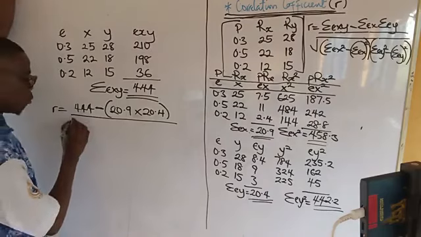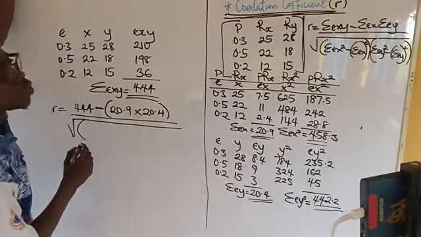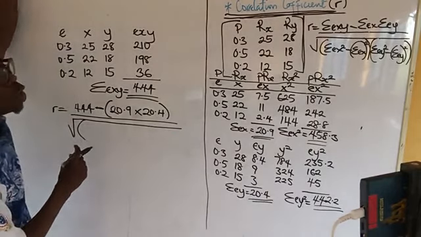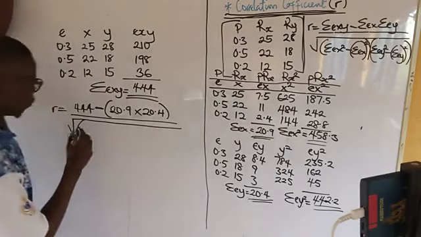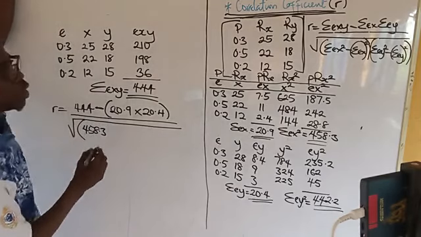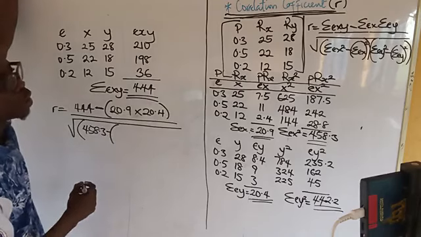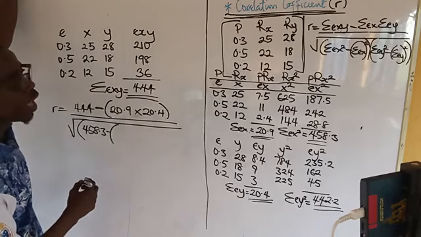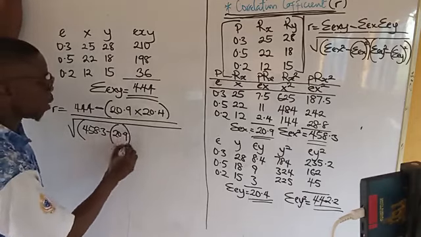So square root, don't forget. Square root, open brackets: summation X squared. What is summation X squared? 458.3, according to what you gave me. Minus summation X, 20.9, raised to power 2.